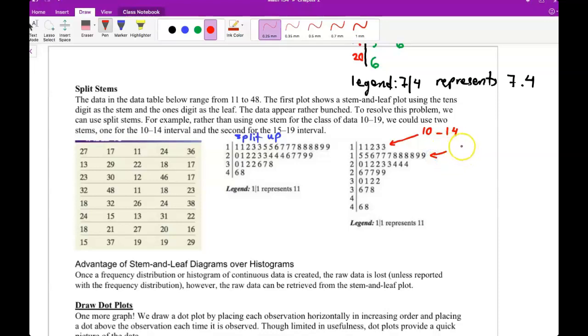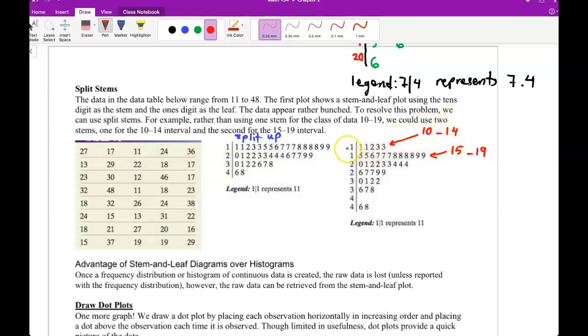Then here is 15 to 19. See, these numbers on the left side are our stems. So that is 1, and here is 1. The numbers that we have here are in this interval.